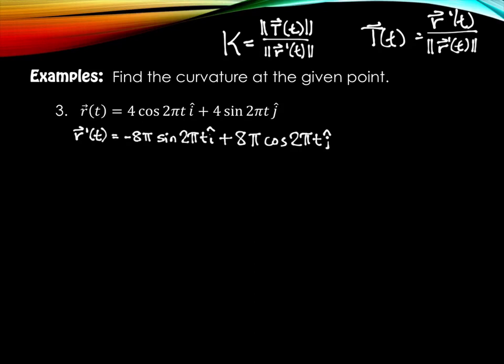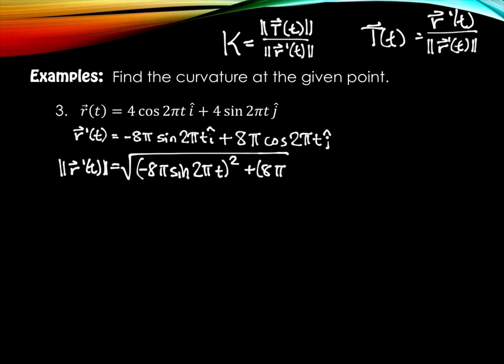Okay, so we need to find the magnitude of r prime of t. So the magnitude is going to be finding the square root of each of the components squared. So we have negative 8 pi sine of 2 pi t squared plus 8 pi cosine of 2 pi t squared. Now what?